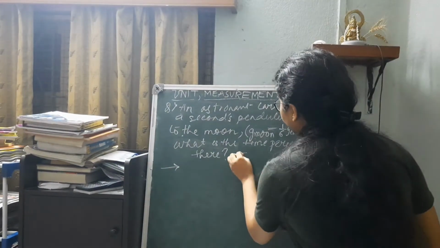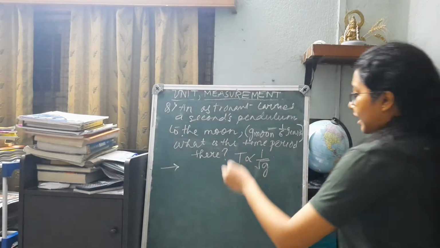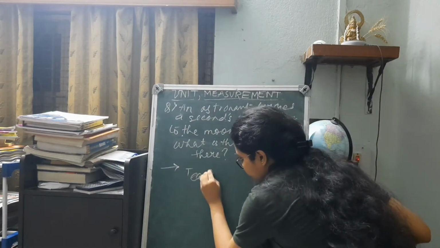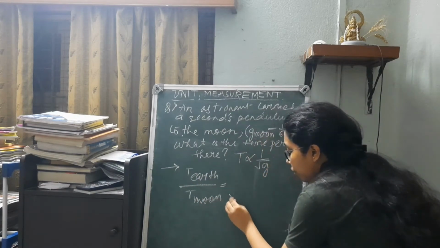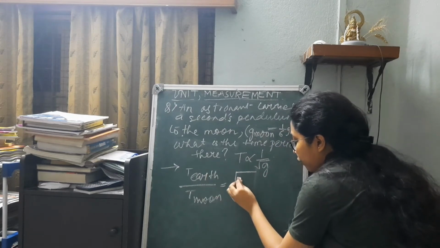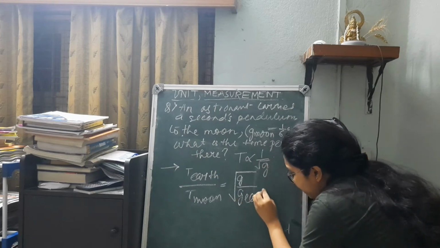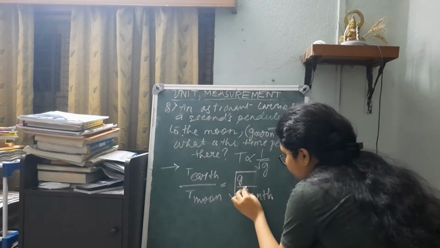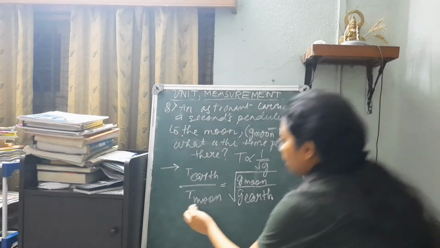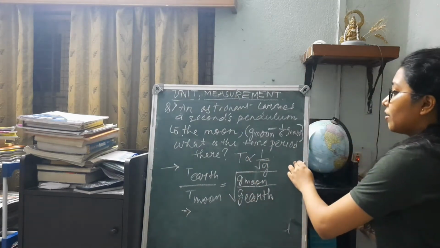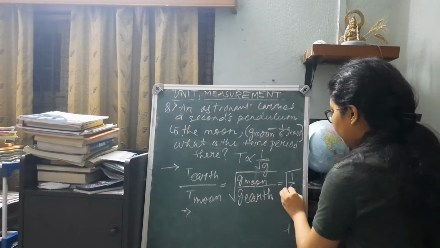A few minutes back we saw that time period is inversely proportional to root g. That means time period of the earth by time period of the moon is equal to root under of g of the moon by g of the earth, because they are inversely proportional. So time period at the moon, moving to this side and evaluating this value, this is only root under 1/6.